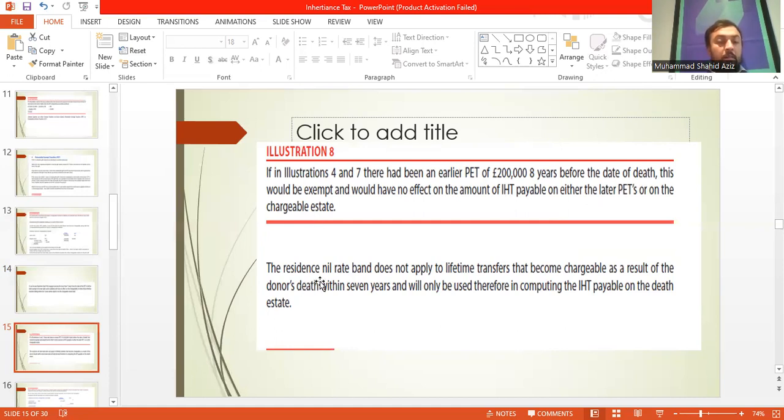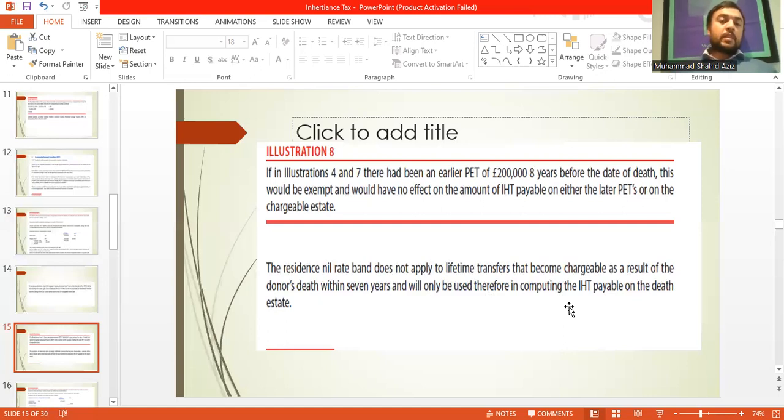This is an important thing now. The residence nil rate band does not apply to lifetime transfers that become chargeable as a result of the donor's death within 7 years, and will only be used therefore in computing the inheritance tax payable on the death estate. The important thing is there are two types of allowances. One is the nil rate band and the other is the residence nil rate band.